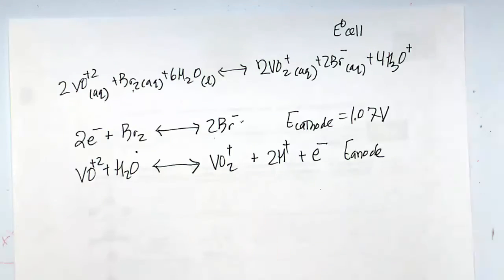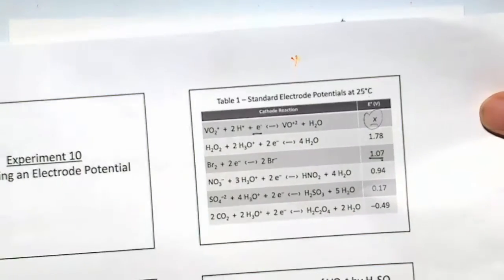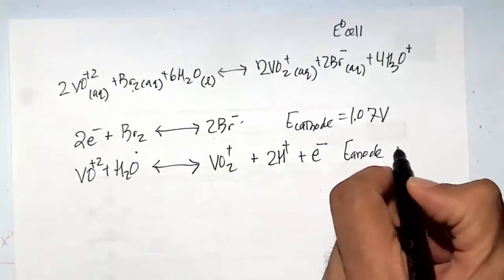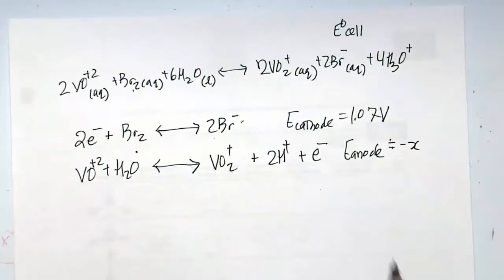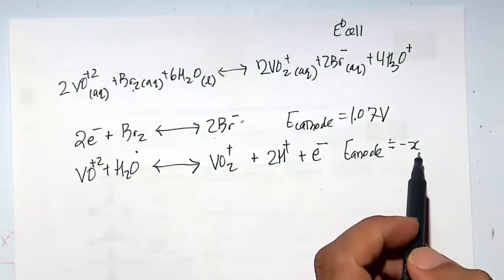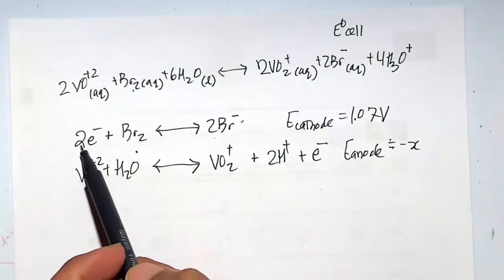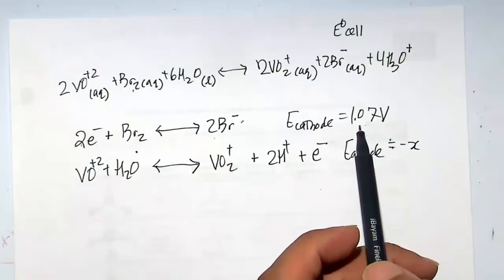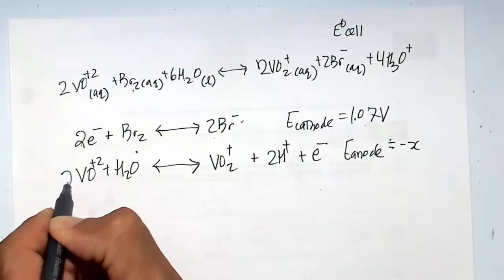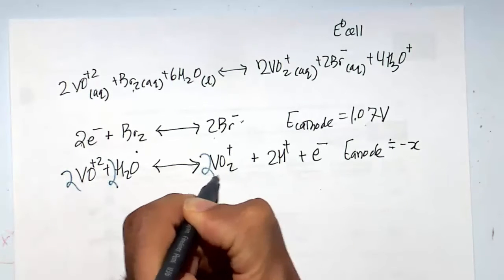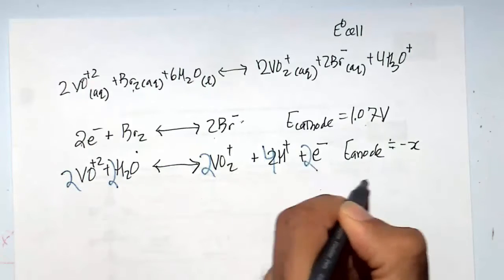And instead of calling this X, because we flipped the reaction, we'll call it minus X. Okay, so I'll multiply this anode half reaction by 2, realizing that this still becomes minus X. You multiply this by 3, that's still going to be 1.07. We're just multiplying the bottom half reaction by 2 to cancel out the electrons.